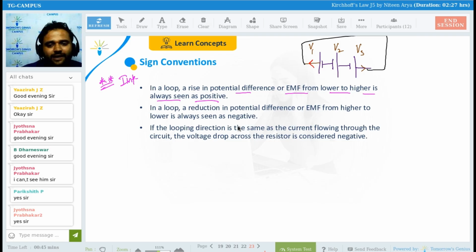Okay, so in a loop, a rise in potential difference or EMF from lower to higher. From lower to higher means, if it is 1, 2, 3, as you can see, 3 minus 2 is 1, and 1 and 1.